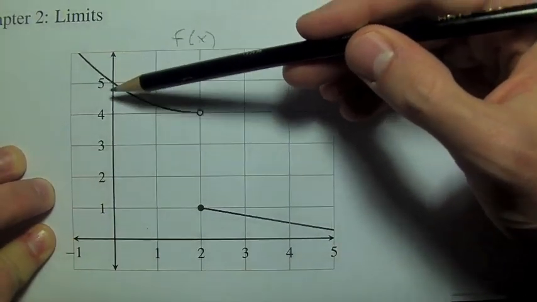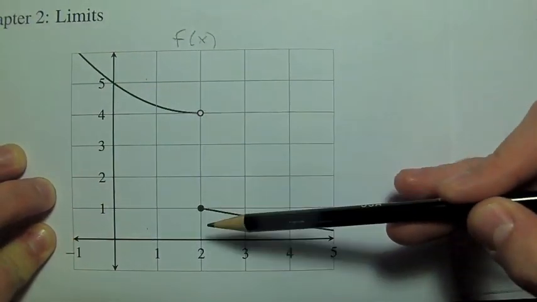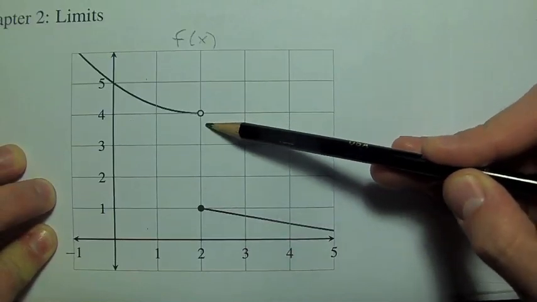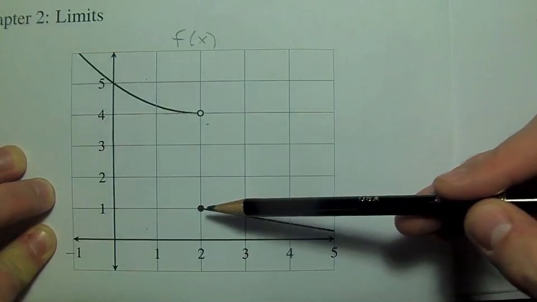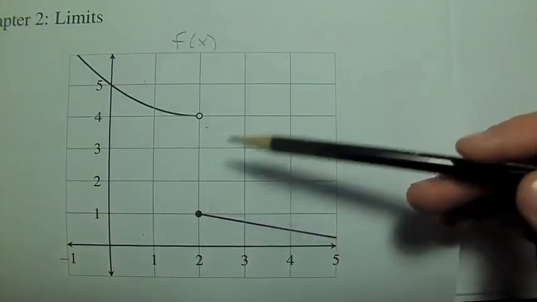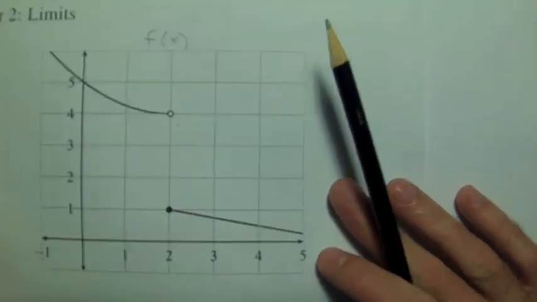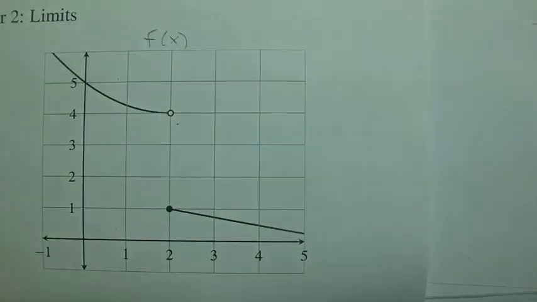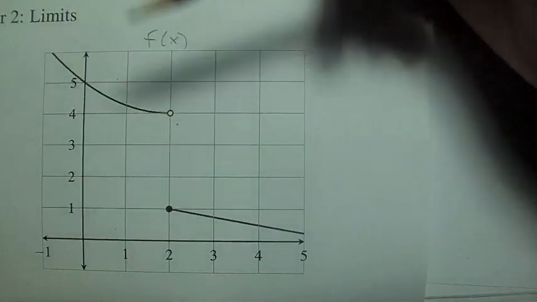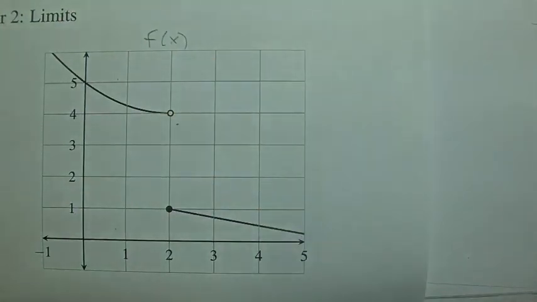It has this little swoop down, and then it's got a jump. So it's got an open dot up at 2, 4. It's got a closed dot down at 2, 1, and then it continues its descent downward. So it looks like a quadratic up here, and it'd be linear down here.